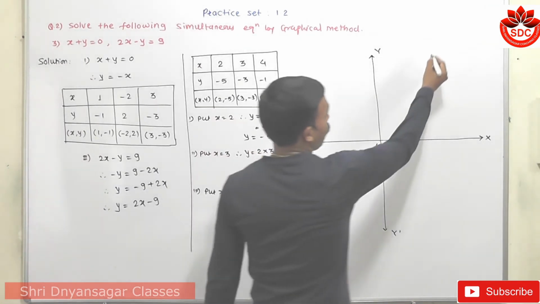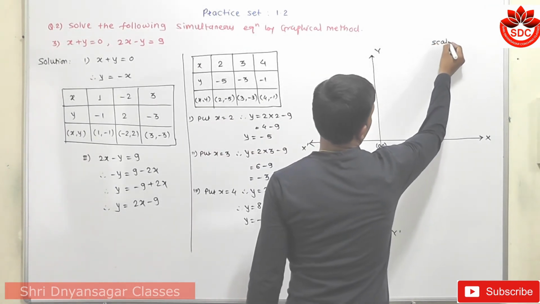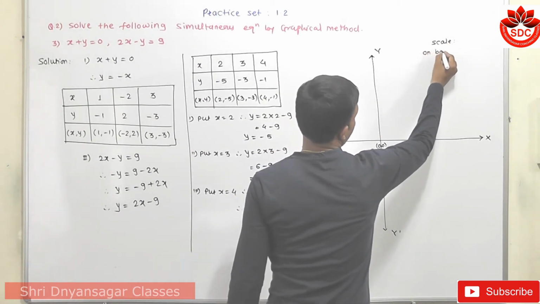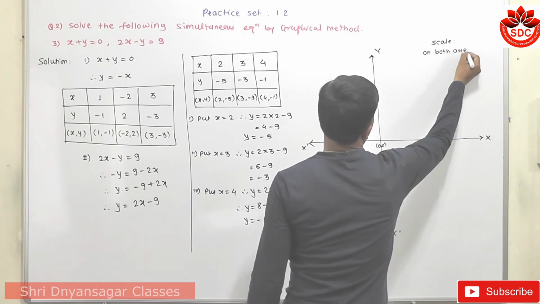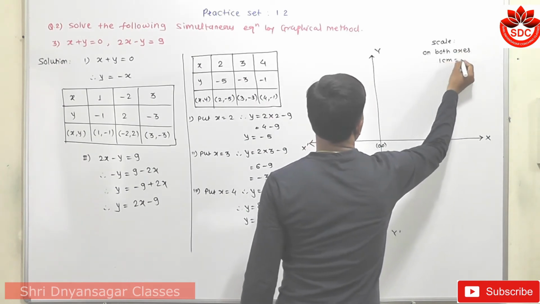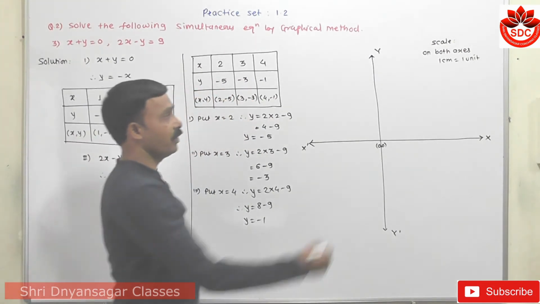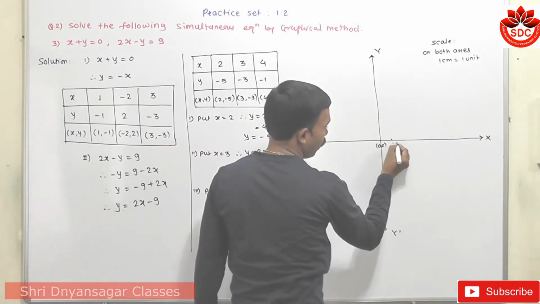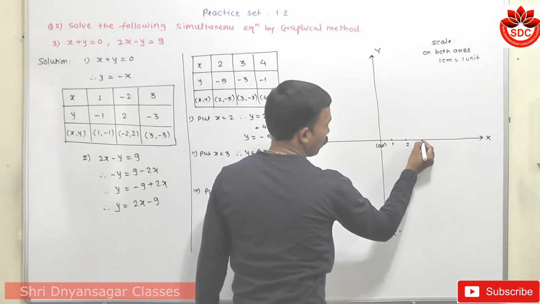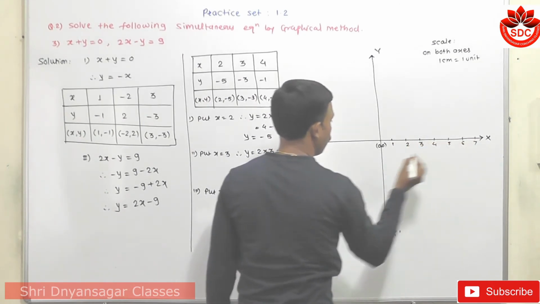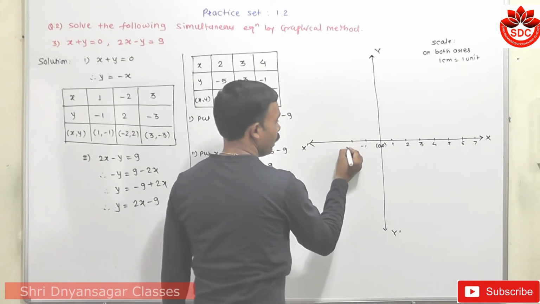Here I take the scale. Always write the scale on both axes. 1 centimeter is equal to 1 unit. Okay, this is the scale. So by using this scale, this is 1, 2, this is 3, 4, 5, 6, 7. Then on this side there is minus.